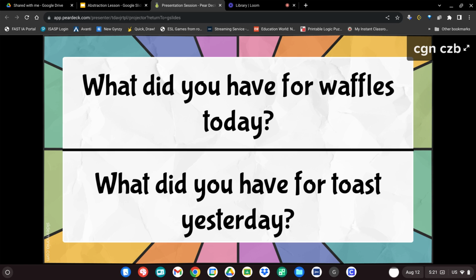So in a way, the word breakfast is like a variable that we use to hold a space for whatever specific thing it is we ate this morning. By taking out that specific word like waffles or toast and replacing it with breakfast, we are using abstraction to make something work for multiple people.